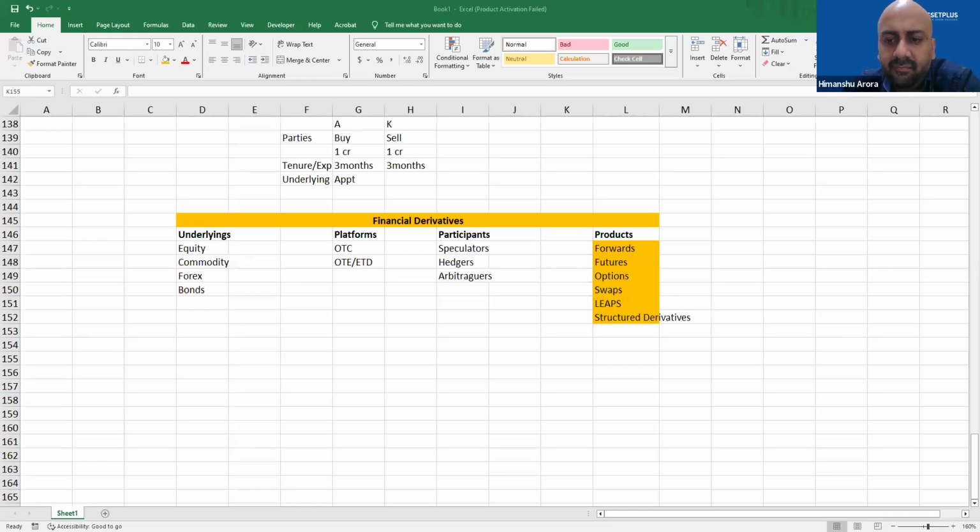Most of you are correct. The correct answer is B. B for Bombay. When you buy a company's bond, you have lent money to the company.